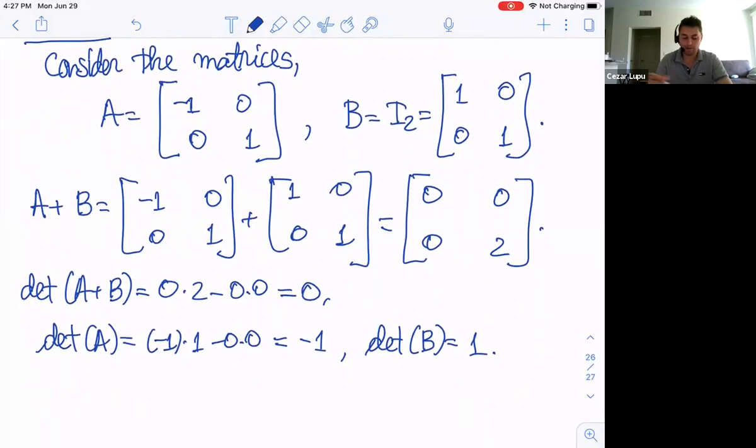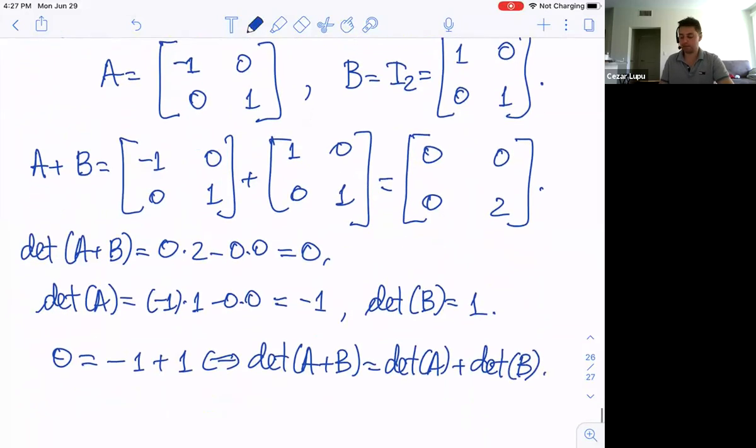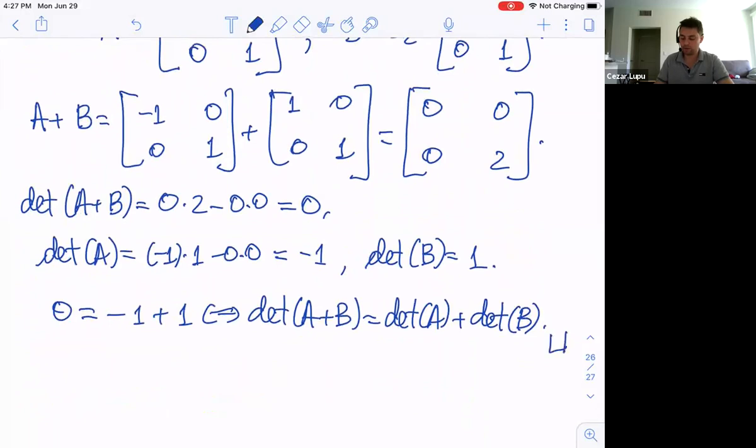Now it's quite clear that 0 is in fact -1 plus 1. And this could be translated into the determinant of A plus B is nothing else than just the determinant of A plus the determinant of B. And therefore, we found an example of 2 by 2 matrices for which the determinant is additive.